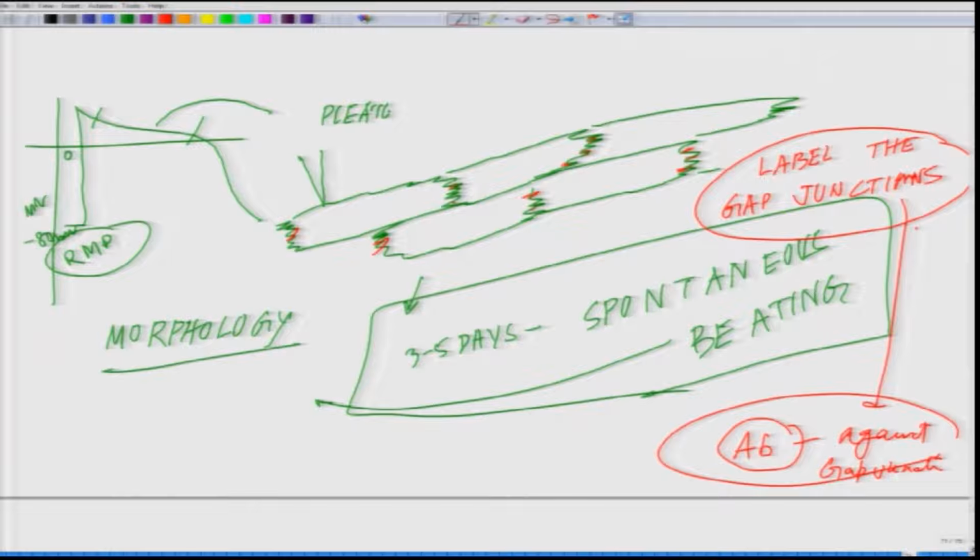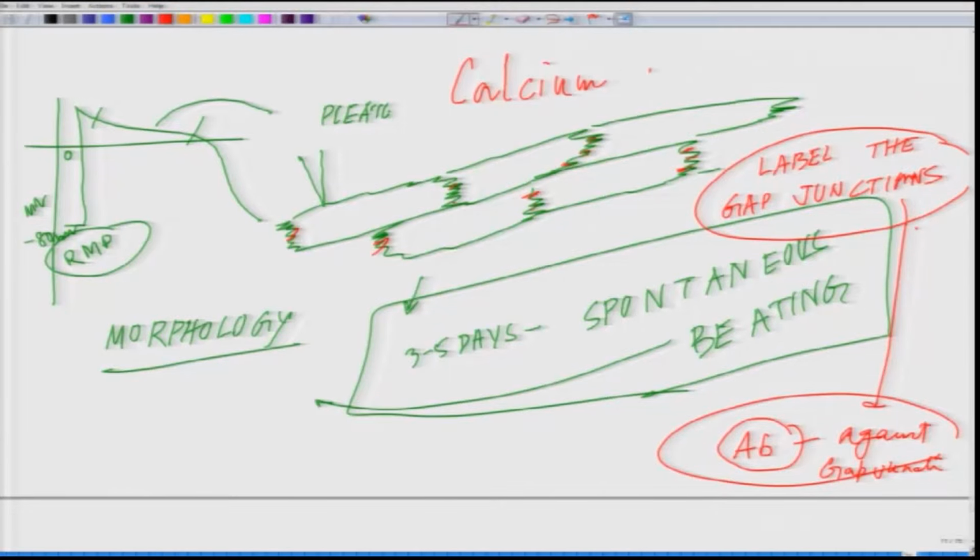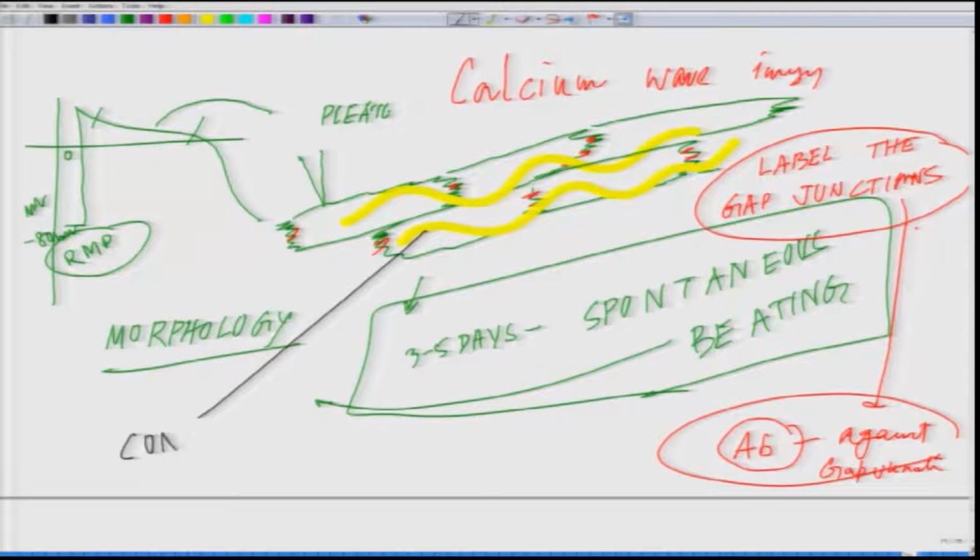Then the most critical part of cardiac myocyte culture needs calcium wave imaging, because in these cells there is a calcium wave which travels along them, and this kind of wave can be easily measured using confocal microscopy.